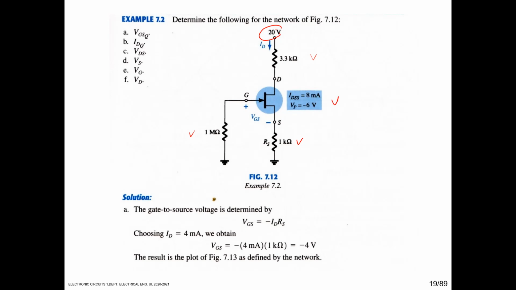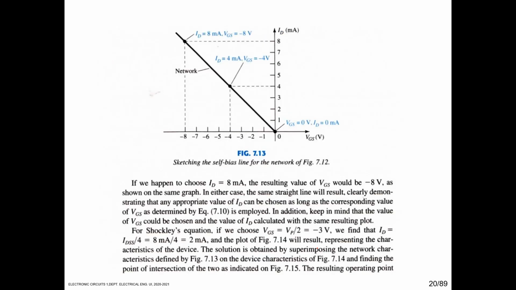So we can determine the gate to source voltage by VGS equal to minus ID RS. For example, we choose ID equal to 4, so we obtain VGS is minus 4 multiplied by 1 kilo ohm, because RS is 1 kilo ohm, so this is minus 4 volt. So we can define the characteristic of the circuit by plotting 2 points.